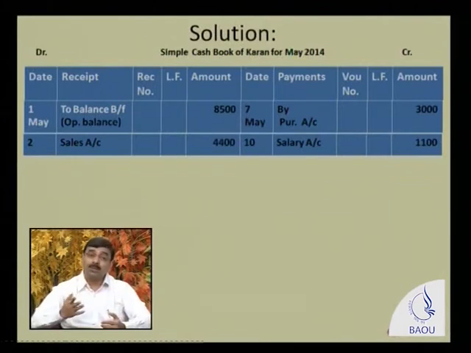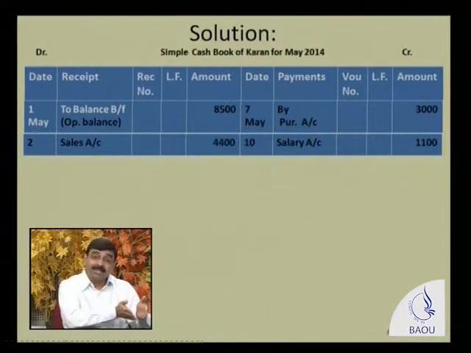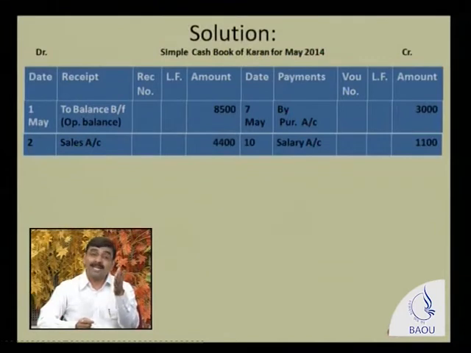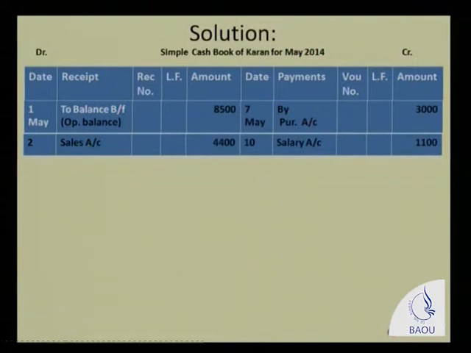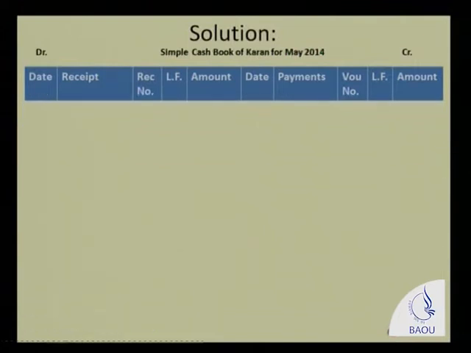When goods go out, the sales account is credited. So the general entry is cash account debited to sales account, and since the cash account is debited, it is posted into the cash book on the debit side. The date is 2nd, sales account is recorded in the receipt column, and the amount is 4400 rupees. This is the second transaction.